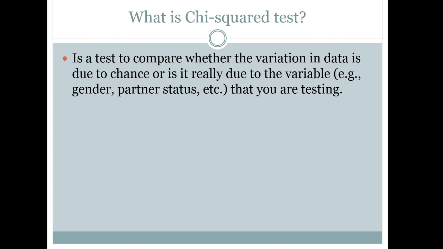Well, chi-square test is a test statistic that was developed by Carl Pearson, and you're probably familiar with him because he's also the statistician who developed the Pearson's correlation. But let's start with the Pearson's chi-square right now.